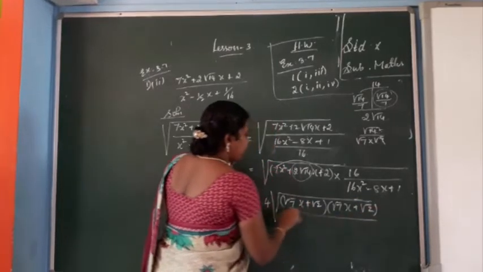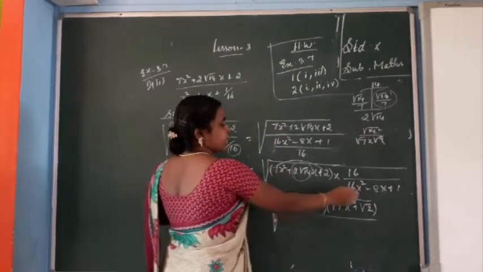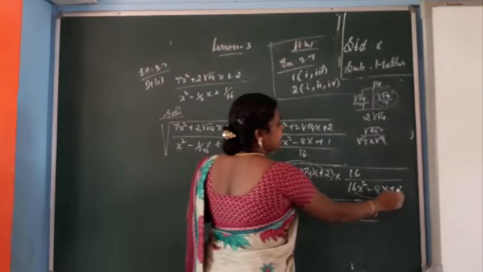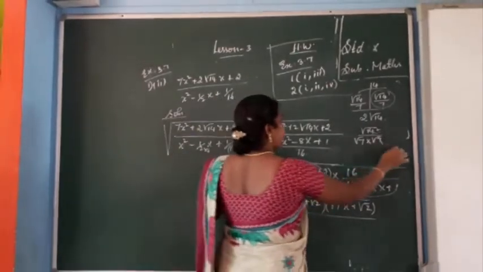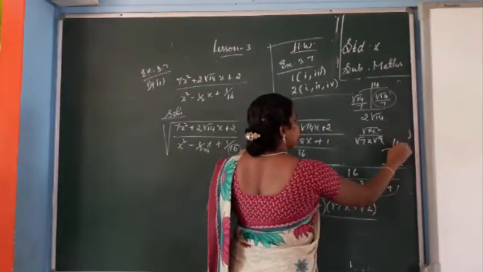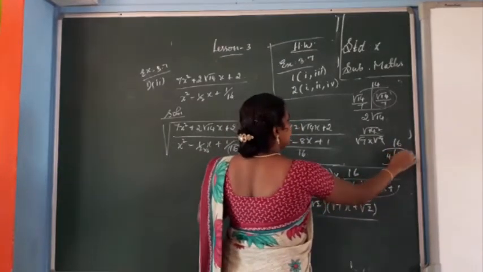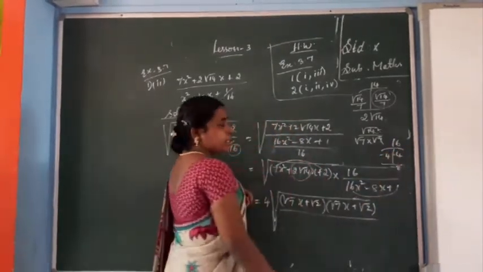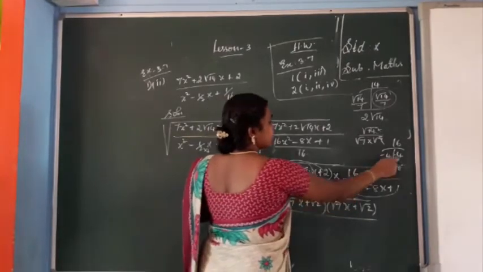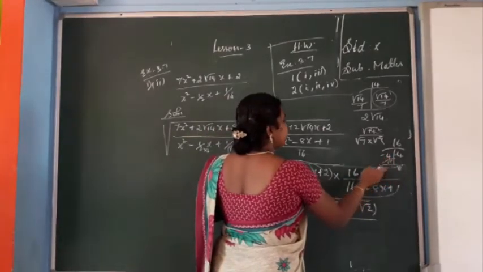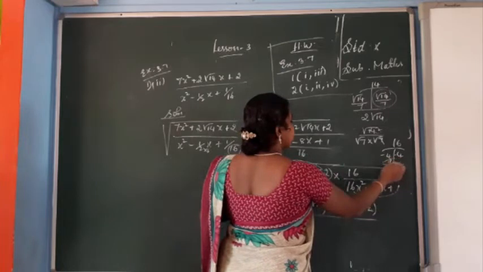Divided by, in the denominator what is here? 16x square. So the product is 16, the sum is minus 8. What are the numbers? 4 4s are 16, minus 4, minus 4. So the coefficient of x square is 16, so divided by 16.